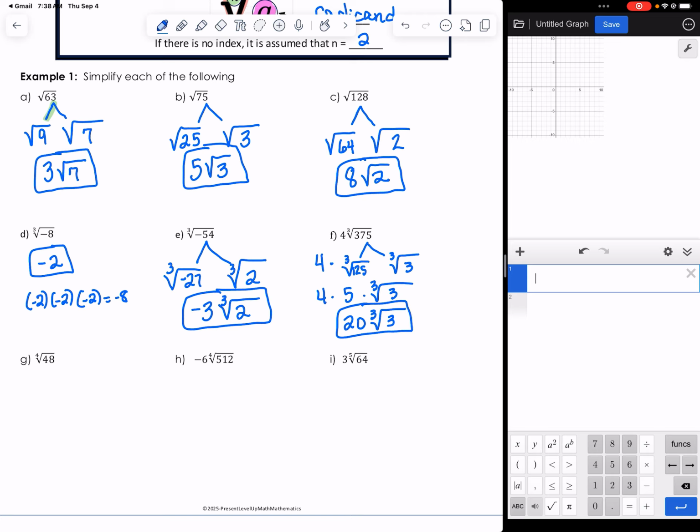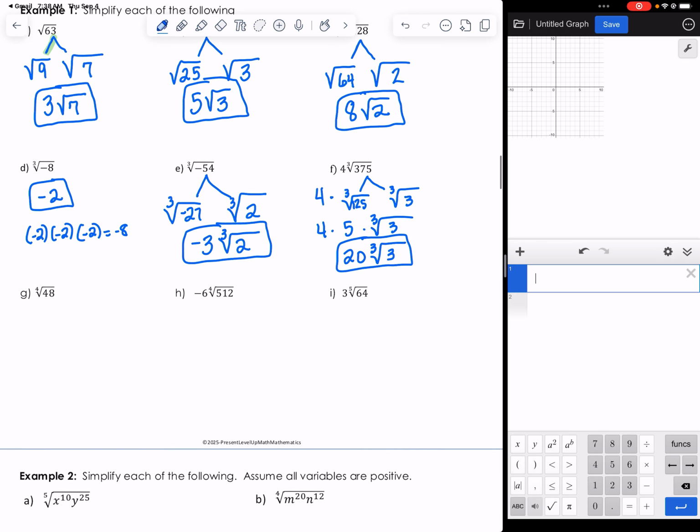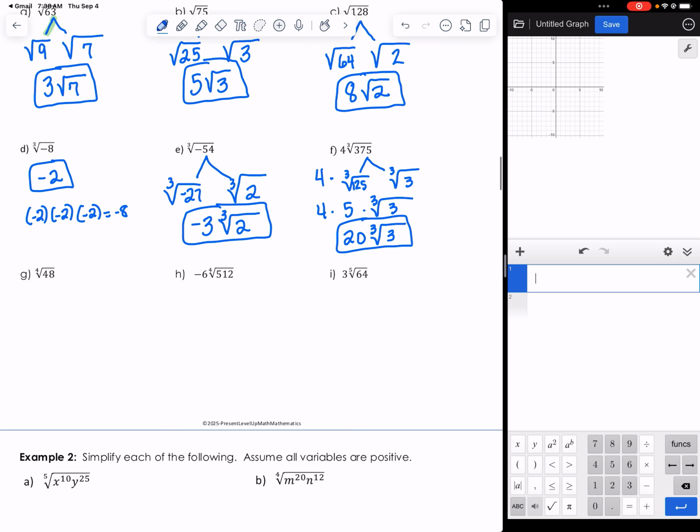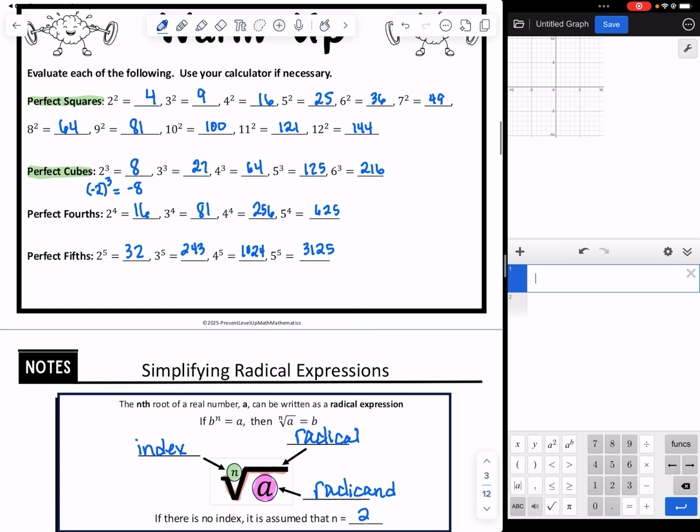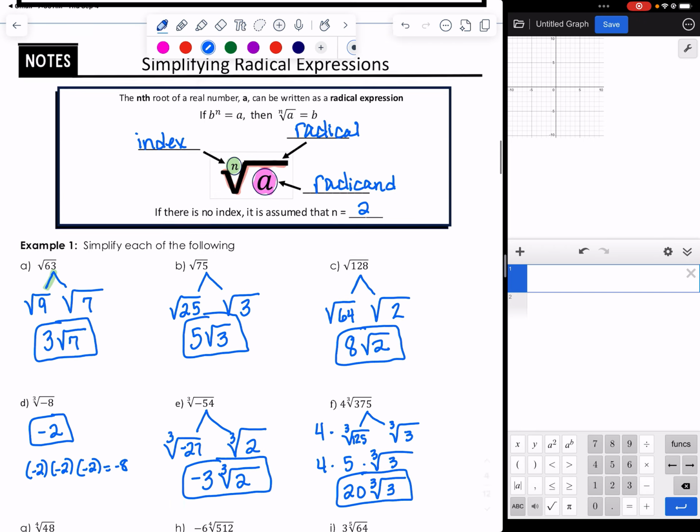Now we're going to use the same process that we've used for cube roots, we're going to now use for fourth roots. So in problem G, we have the fourth root of 48. So I want to look now at my fourths. Okay, so 48 is not in the list, but I do notice I have 16, and 16 is a factor of 48.